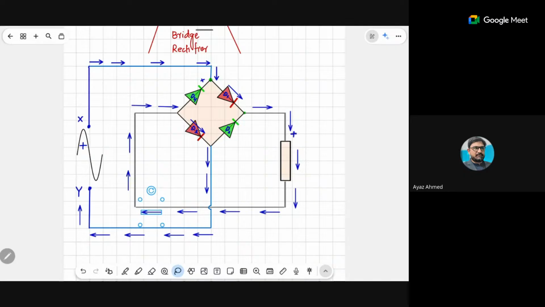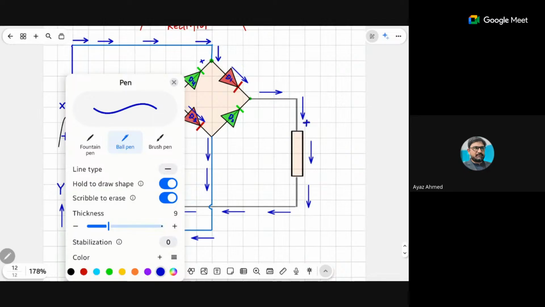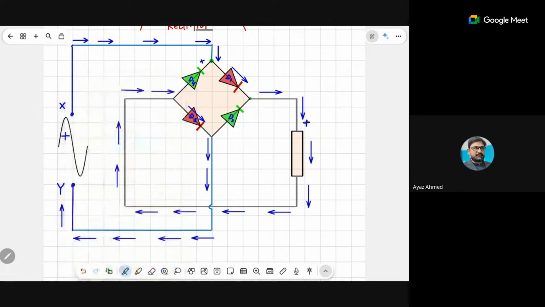Okay, now you will look at the negative half cycle. This is actually a very interesting situation. Basically my terminal Y got positive, now positive reached here, now higher potential reached here, and terminal X got negative. So now the reverse flow is in progress, and terminal Y will be allowing the current to flow through.